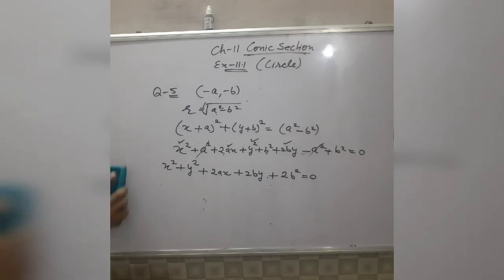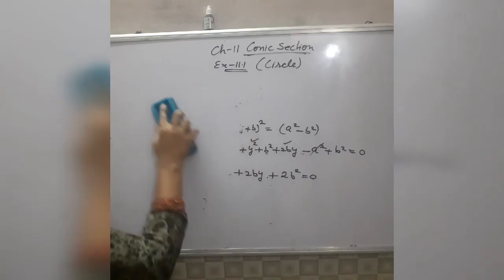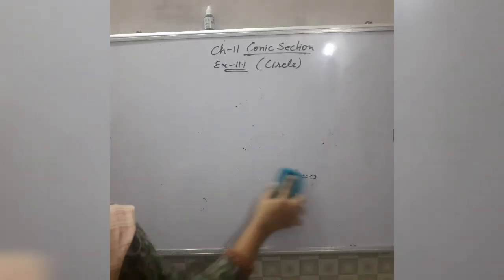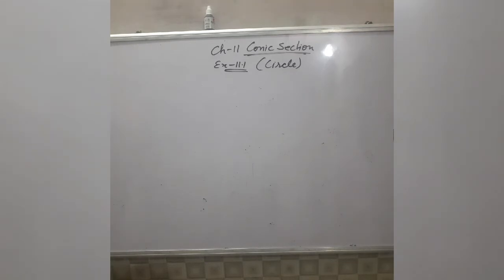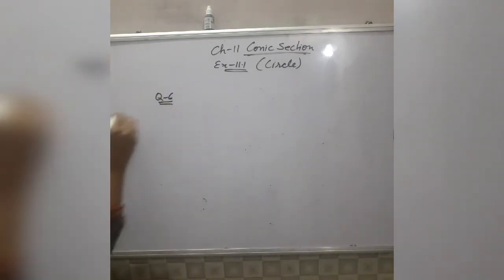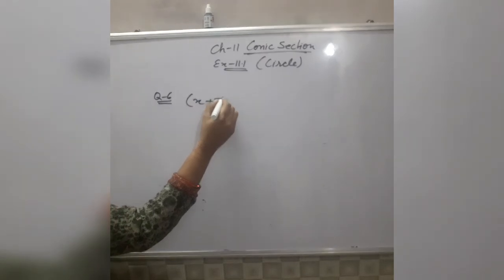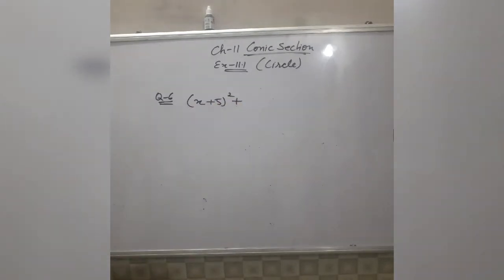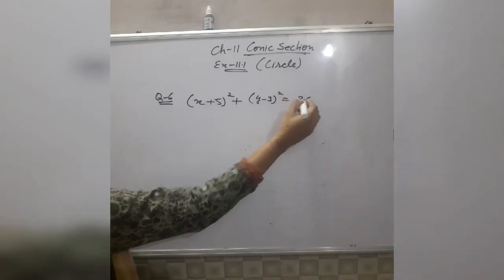So in questions 1 to 5, the center and radius were given to you. Now we will start from question number 6. From question 6 to 9, the equation of the circle is given to you, and we will find out the radius and center coordinates. In question 6, the equation of the circle is (x plus 5) whole square plus (y minus 3) whole square is equal to 36.